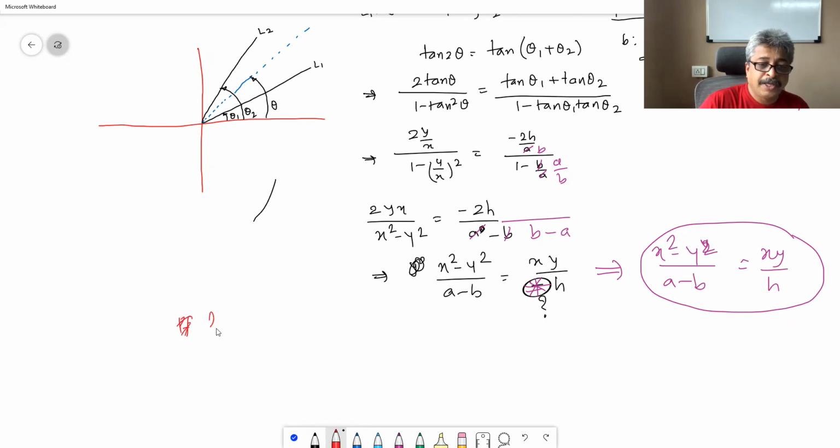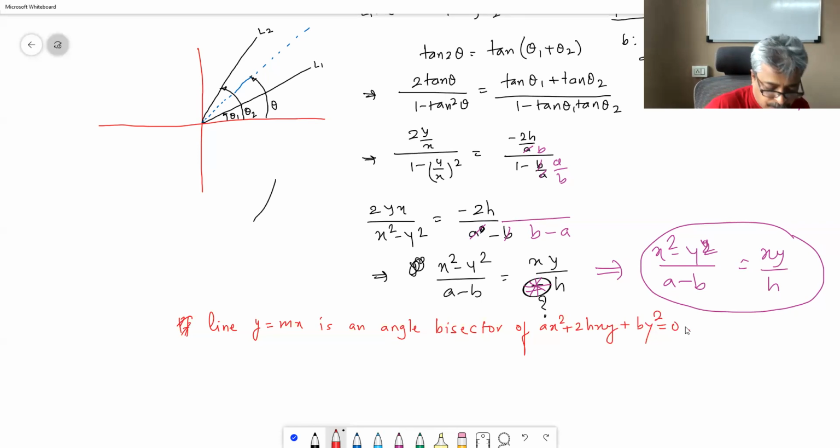Now, the line y is equal to mx is an angle bisector of ax square plus 2hxy plus by square is equal to 0 if and only if what?